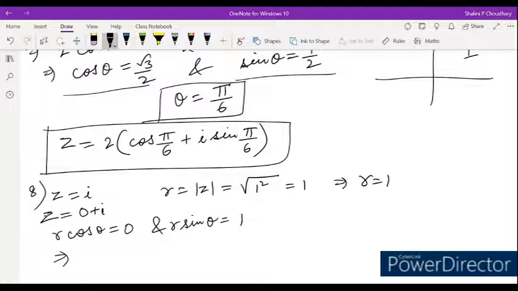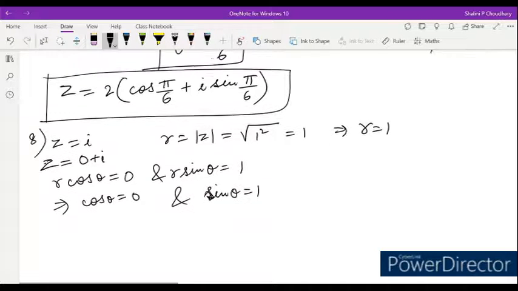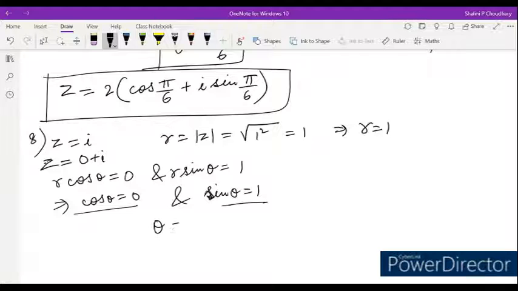Okay, so r is equal to 1, so cos theta will be equal to 0 and sin theta will be equal to 1. Sin 90 is 1, and cos 90 is 0, and sin is positive, it means first or second quadrant. Okay, so theta will be equal to pi upon 2.